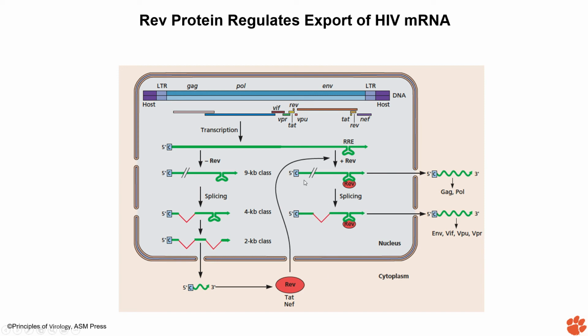Remember that it can transport the full-length genome, or it can transport partially spliced RNA, which makes these different proteins as well. So here the viral protein Rev is responsible for the transport, and it can be recognized by the nuclear pores to transport that. So that's pretty much all of it.